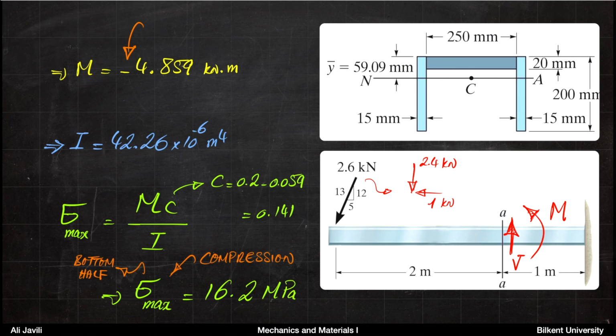So basically at the bottom half of this picture, or below the neutral axis, you would have compressive stress. Above, you would have tensile stress. And then again, this follows from the fact that you have a minus sign for bending moment, although we had assumed it was counterclockwise.